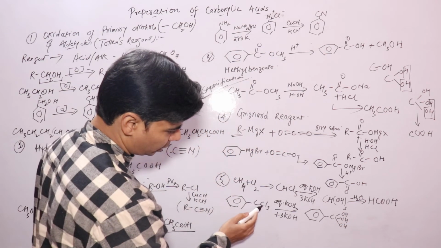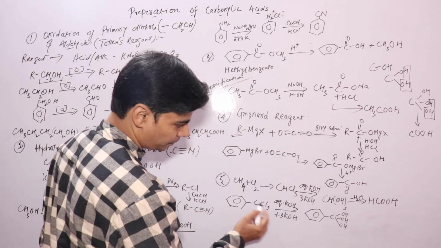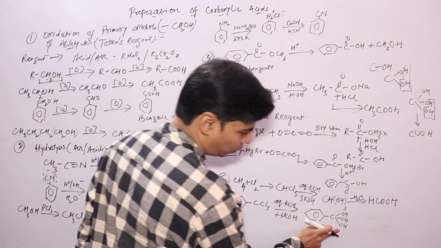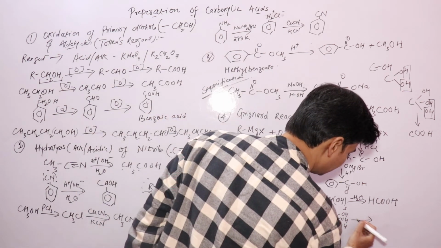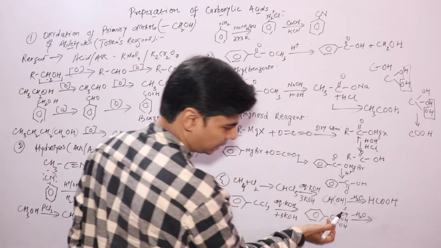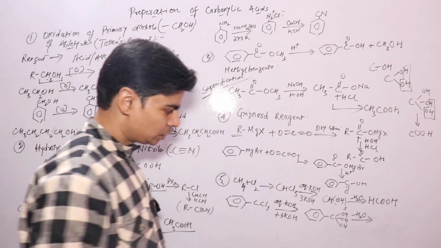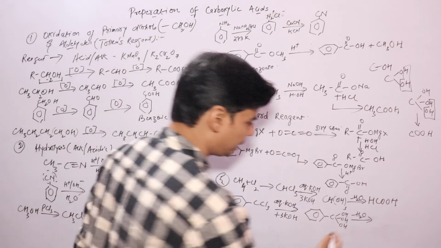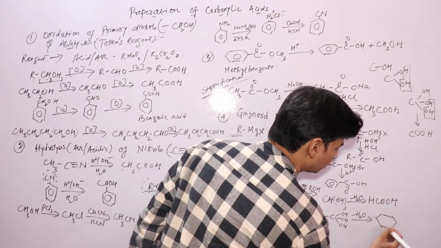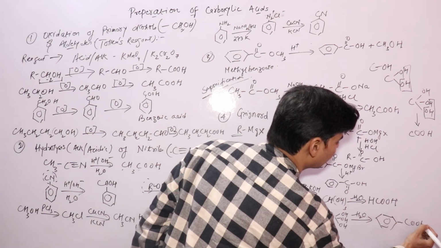All chlorine atoms would be replaced by OH groups. Since 3 OH groups are attached to the same carbon atom, a water molecule would be eliminated and it will change into benzoic acid.